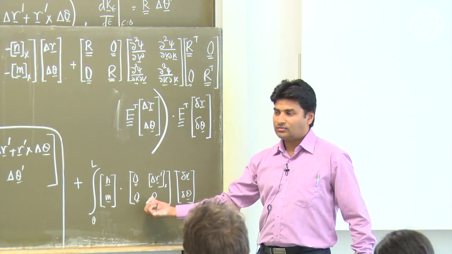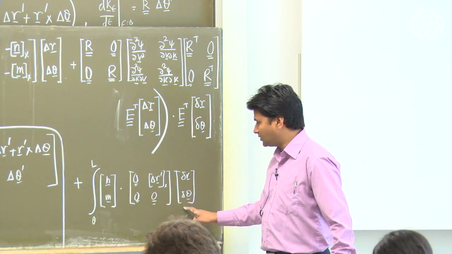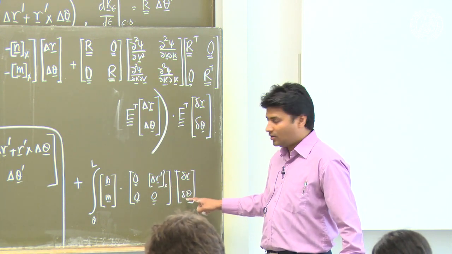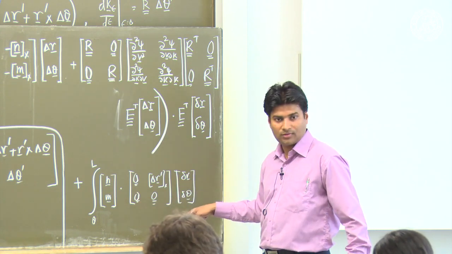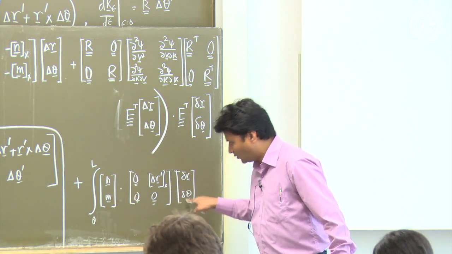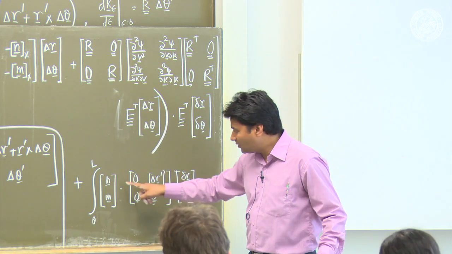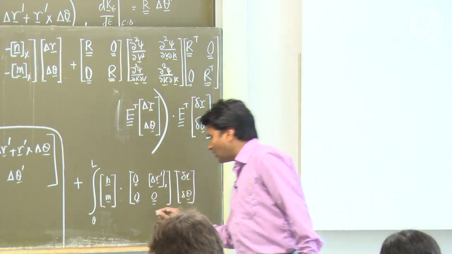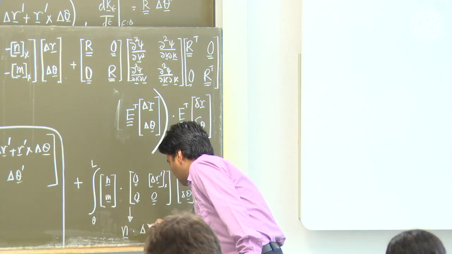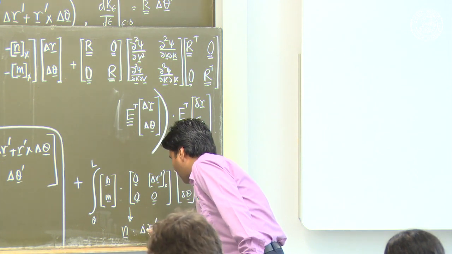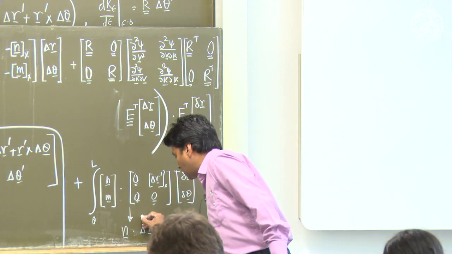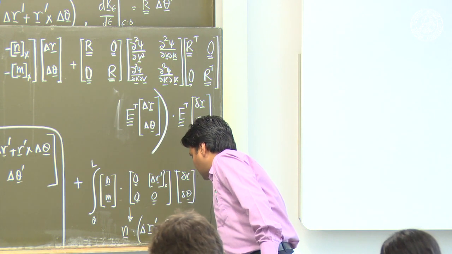And when you work this out, what does this give you? This times this is simply delta little r prime cross del theta, and this times this is 0. Then you multiply with this, then m dot 0, that's not there, but n dot this thing. So what you get is simply n dot delta r prime cross del theta.